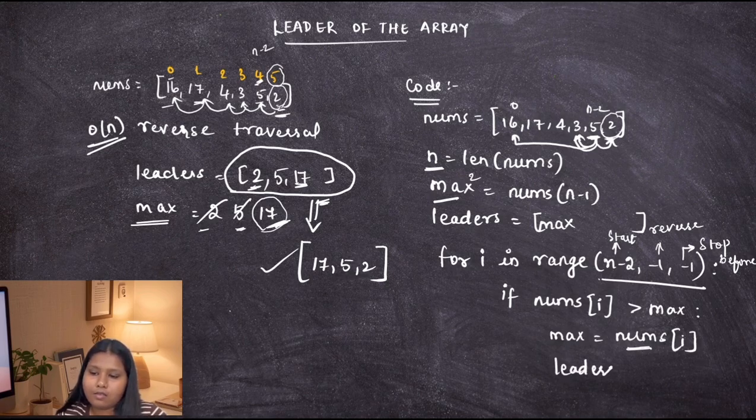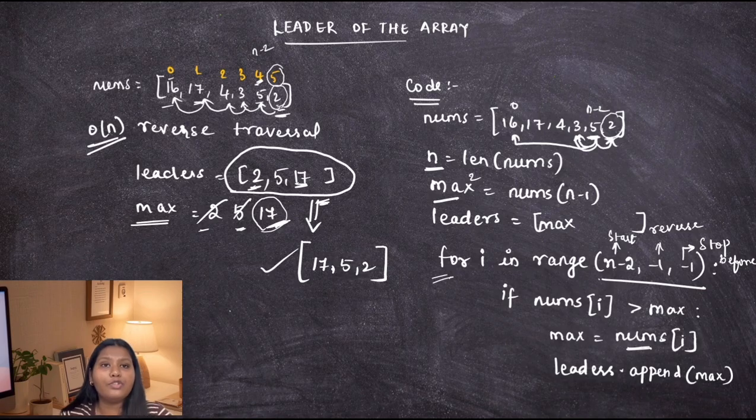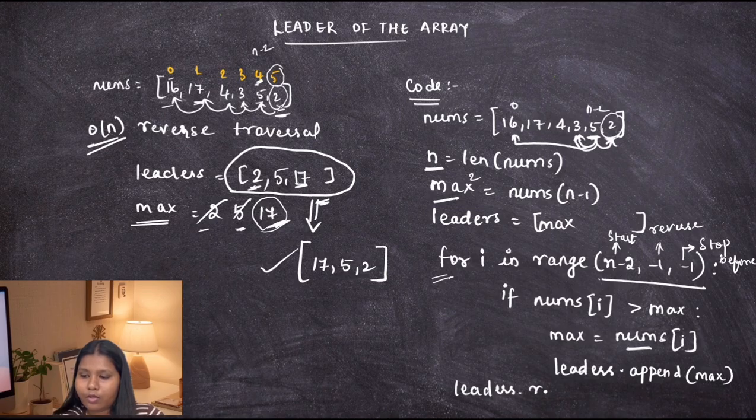So leaders dot append of max. Once I find all the leaders, I'll terminate this for loop, and I should reverse the leaders list, because we have traversed from the last position to the initial position. So leaders dot reverse, and now I'll get this as my answer after executing this code, which is what I wanted. Now I'll print leaders.